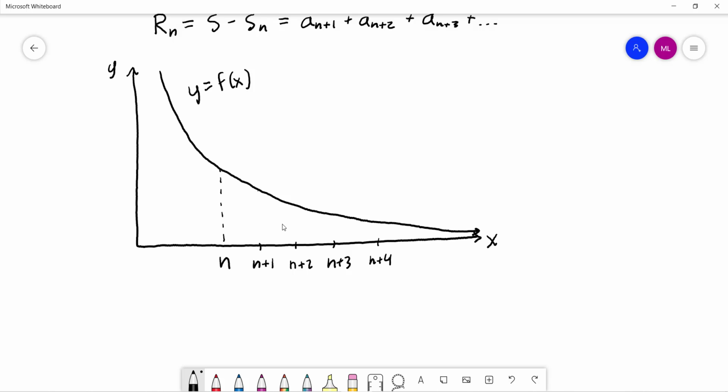So basically, what I'm saying is up in the first picture, I used the right endpoint to draw a rectangle. But now I want to use the left endpoint to draw a rectangle. So now I want to use this to be that first rectangle, then this, and so on and so forth.